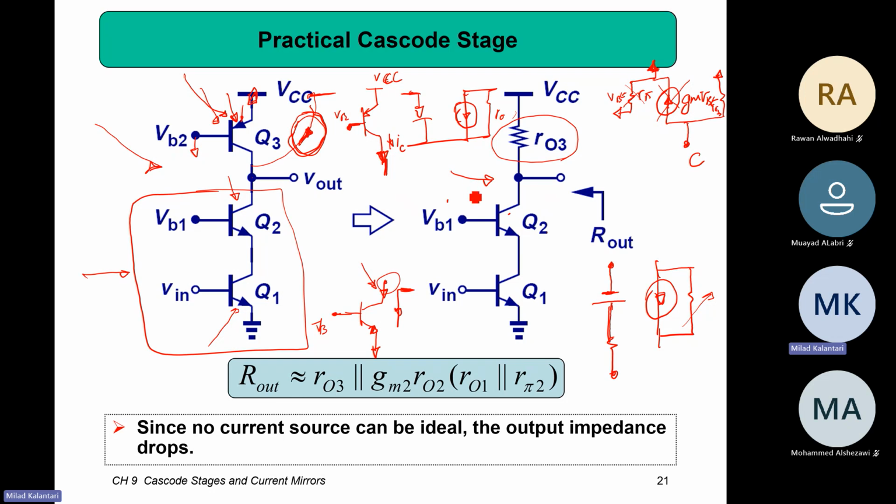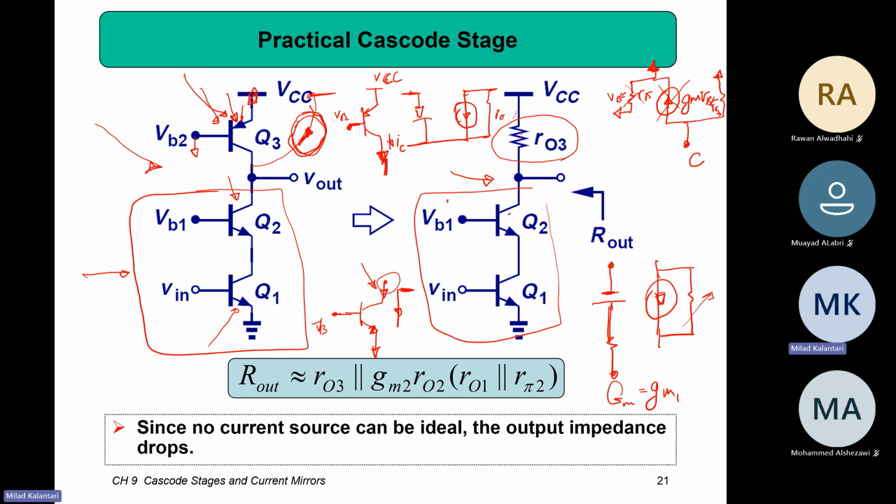So you have this kind of cascode structure here. The collector load is RO3. The gm of this section is the same as before, so if you want to calculate the gain, the gm is basically gm1.